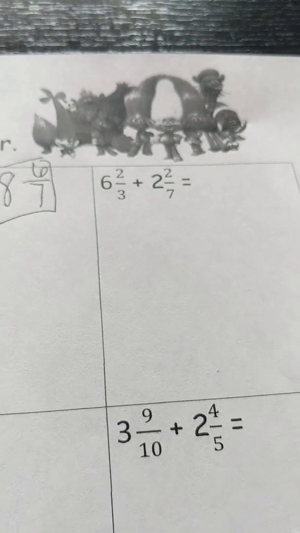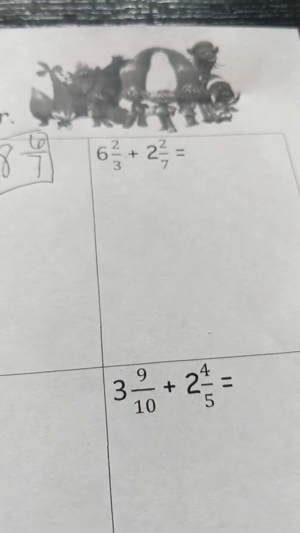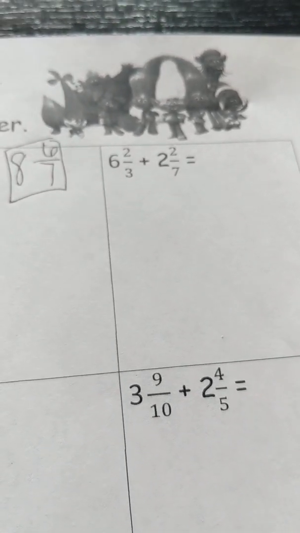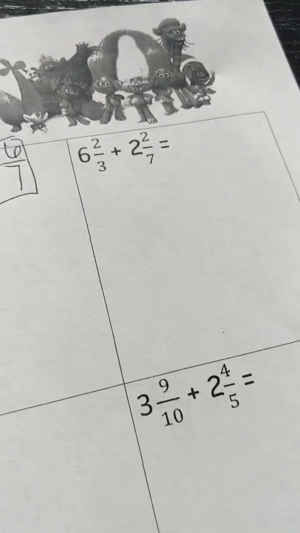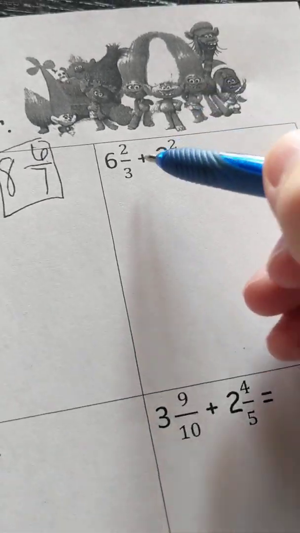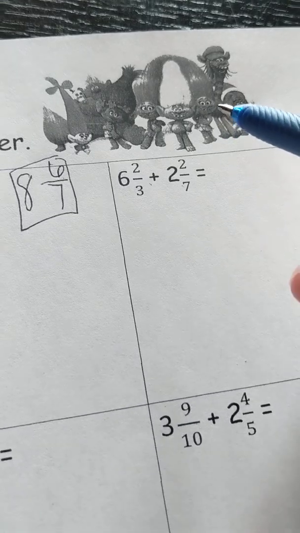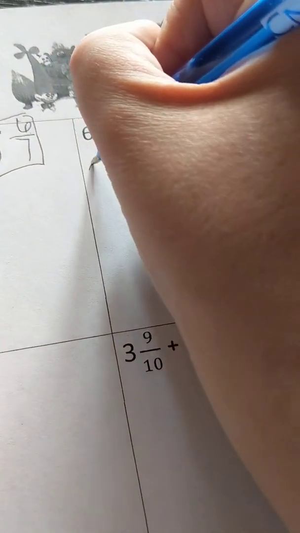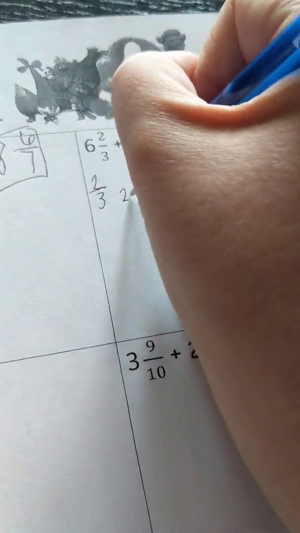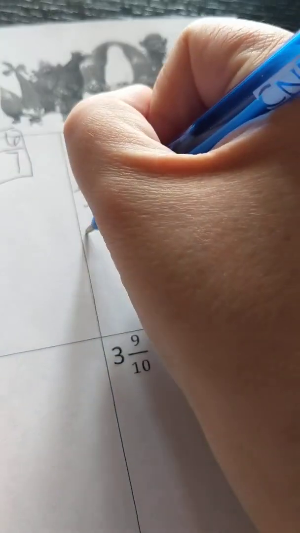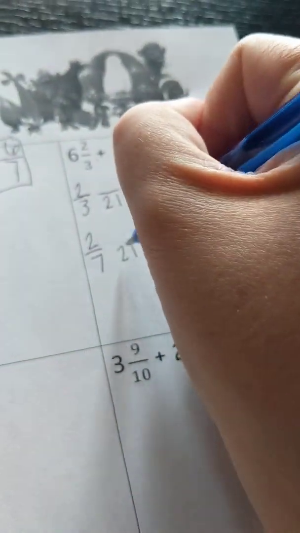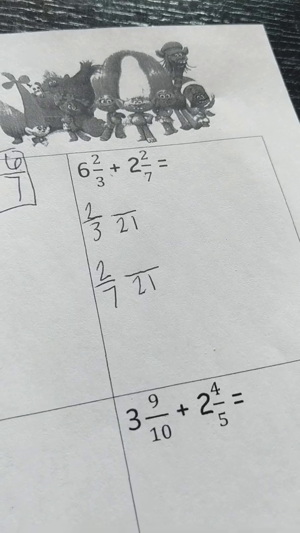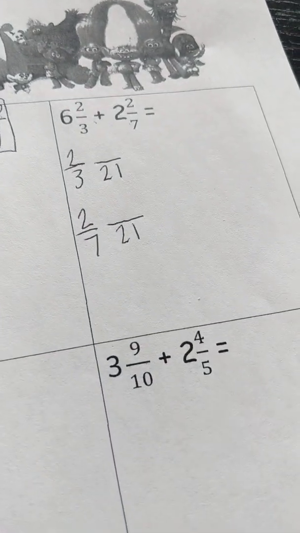Okay, so let's look at this first one. There's no common denominator, so we're going to find one. Remember, a quick way is to multiply them. So 3 and 7 makes 21. So I'm just going to rewrite it real quick over here. We're going to change 2/3 to be something over 21.